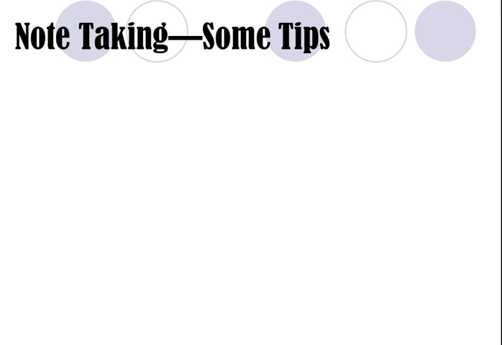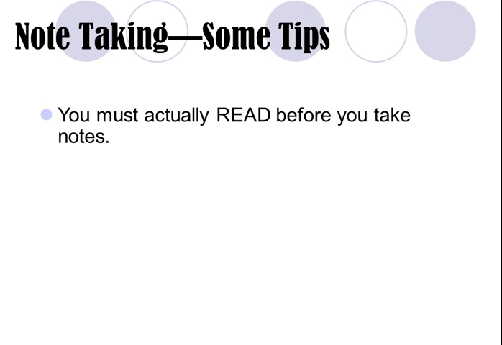I've got some tips for you. You actually have to read before you write stuff down. I know this sounds so inconvenient, reading something before writing it down, because it's just easier to write it down as you read it, but it's going to save you from having a lot of junk in your notes. You want to make sure your notes are made up of what you actually need.